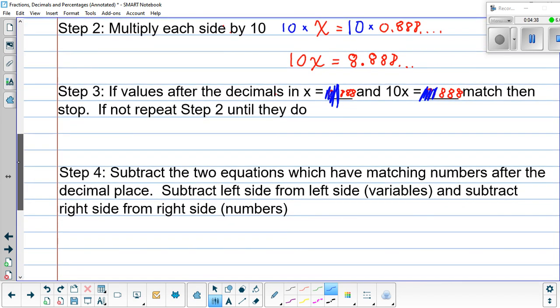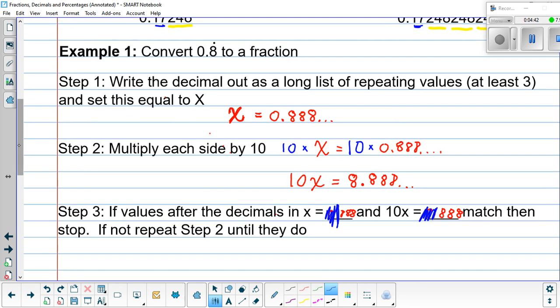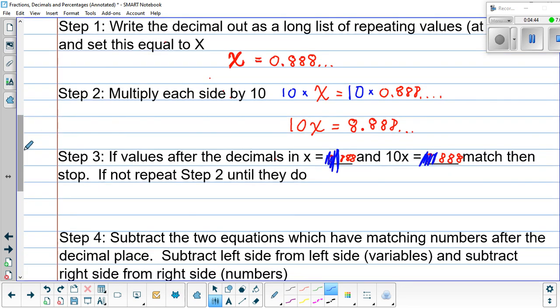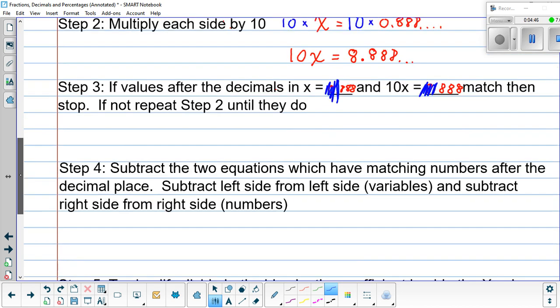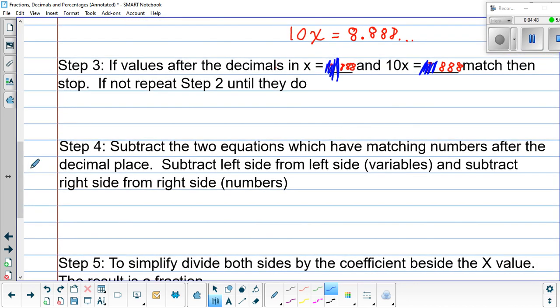Now, subtract the two equations. What this means is you have one equation, and I'm going to copy them down so we can see them, and give some labels.